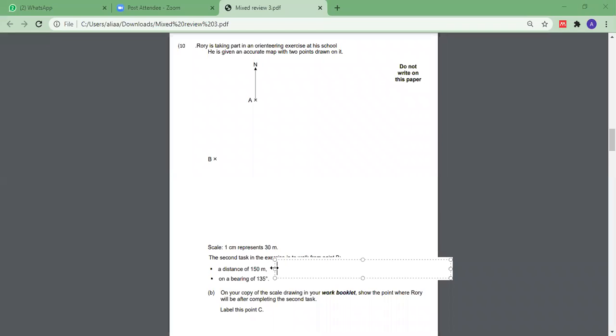So the first question, a distance of 150 meters in real life. In centimeters, so I can draw it, will be 50 centimeters. How did I get the 50 centimeters? Yes, I divided by 30.